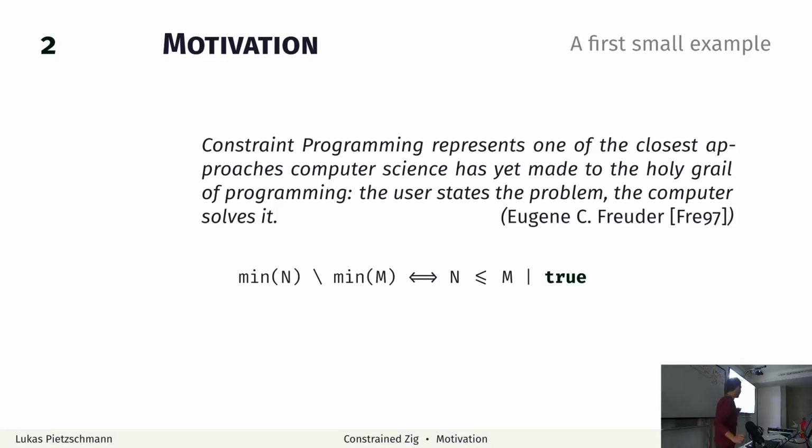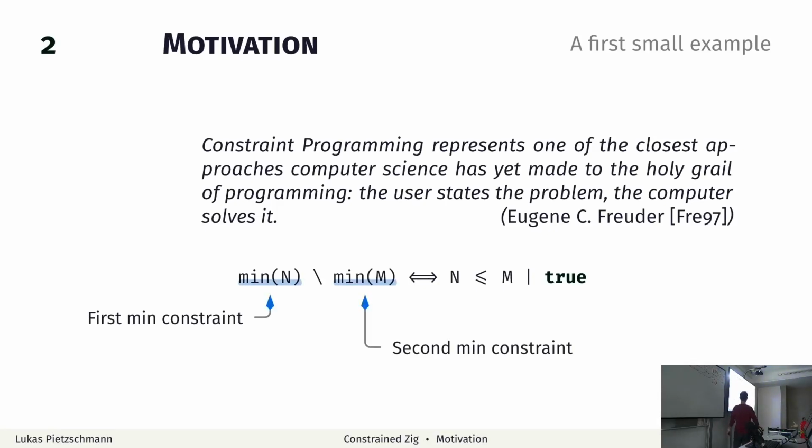So we can identify different parts in this rule. So this one line we call the rule. As I said, we have two constraints. We call them min, that's just the name, and then we have one variable inside them. Next we have the operation. I already said what it does. Namely, it removes here the second one.